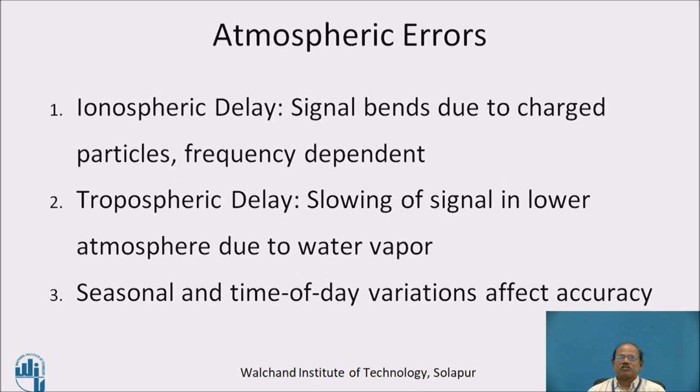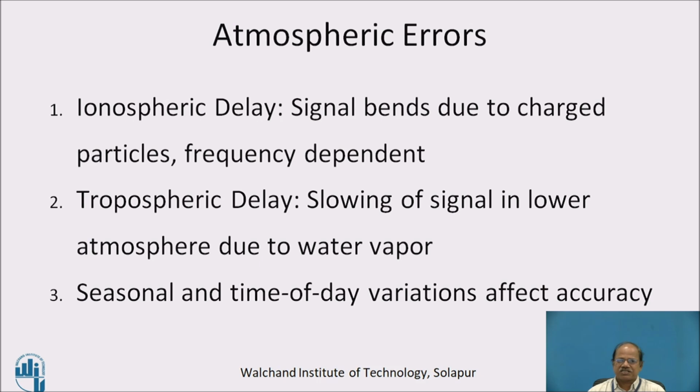There is another important source of the error which is called atmospheric errors. Ionospheric delays are likely to be there. All of you know that there are several layers around Earth, and the ionospheric layer is the closest one.